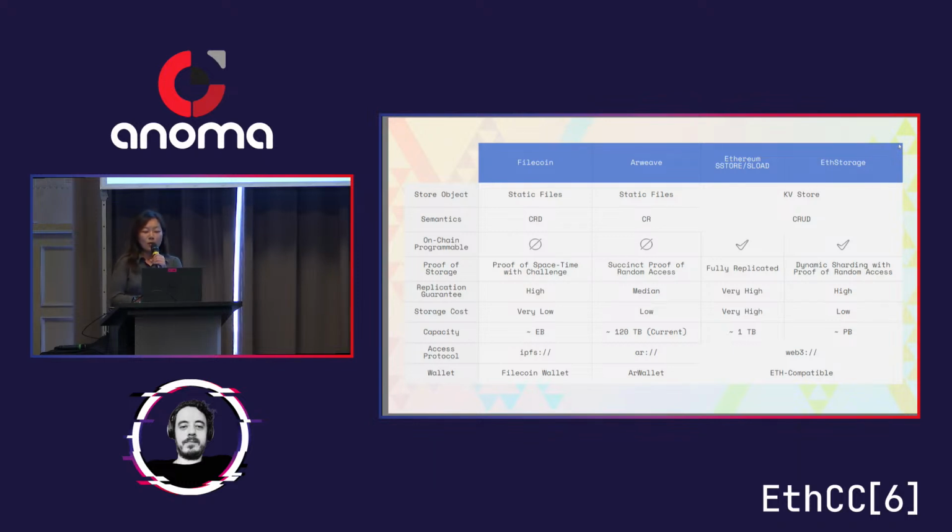Filecoin and Arweave are more like cold storage with only static data. The second difference is that EthStorage is highly integrated into the Ethereum ecosystem. Existing Ethereum tools like MetaMask, Solidity, and Waffle can operate on EthStorage data.